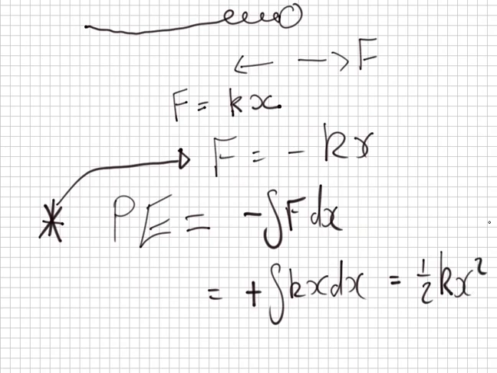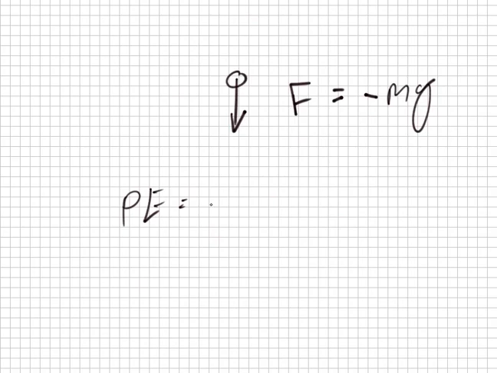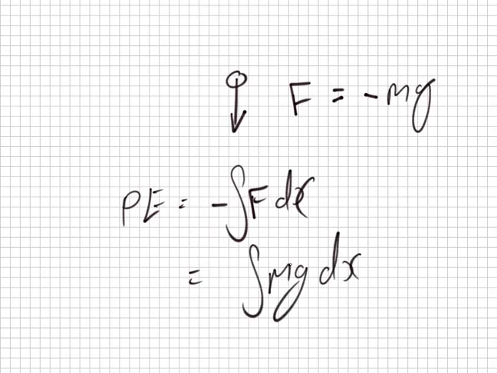Let me give you another example of this. What's the force due to gravity here? F equals mg, but because it's going down, I'll put in minus mg. Potential energy will equal integrate minus F dx, which means integrate mg dx. mg is a constant, so when you integrate, what is it? mgx.